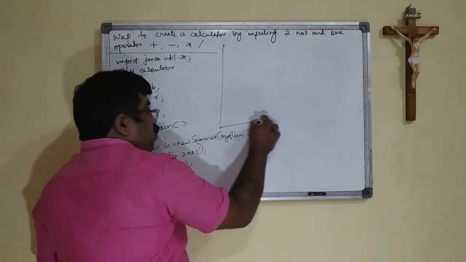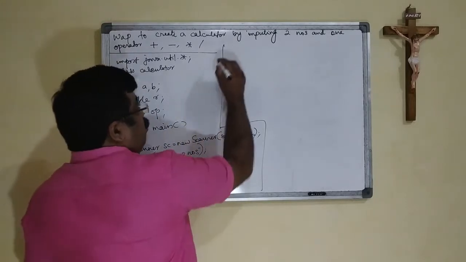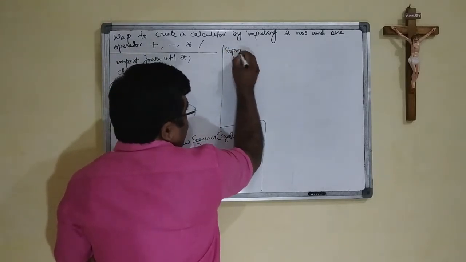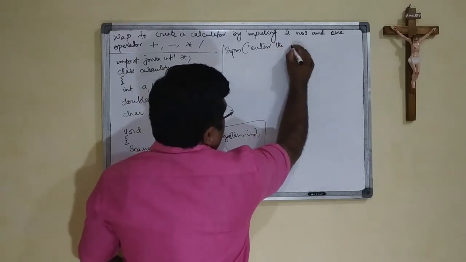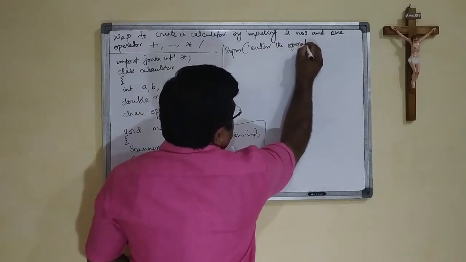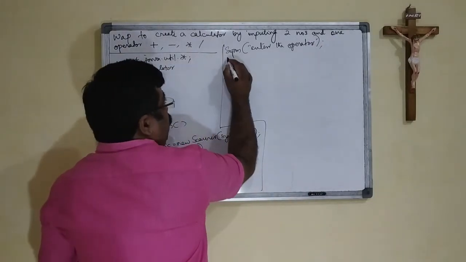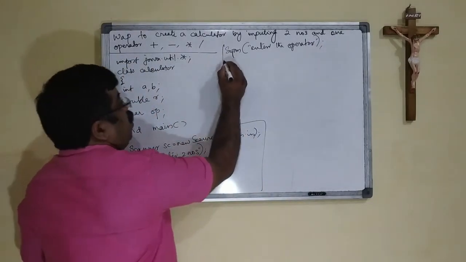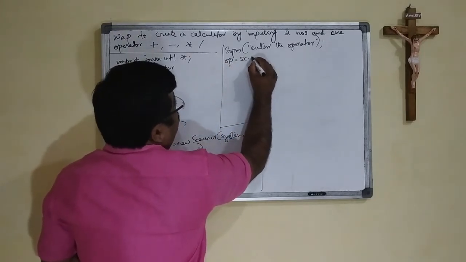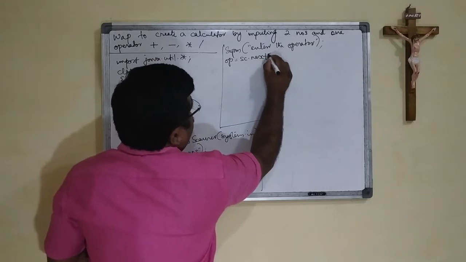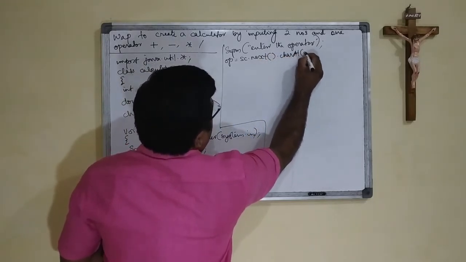Now what we have to do? We have to ask for the operator. Give the message SOPLN, enter the operator. See, in this we are giving op is equal to SC.next().charAt(0).